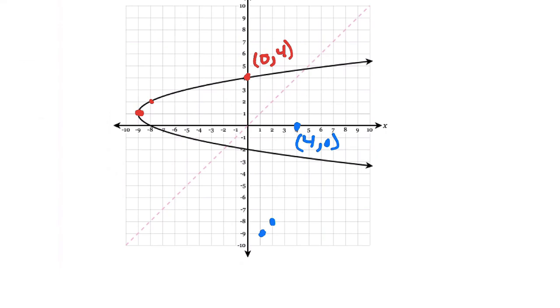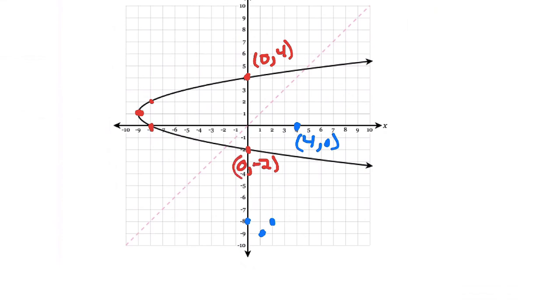If this point right here is the point (-8, 0), then I just need to plot the point (0, -8). And if I plot this point right here, that point is (0, -2).